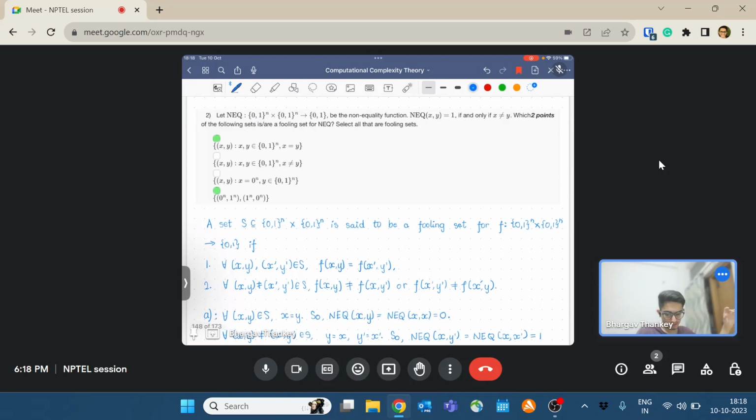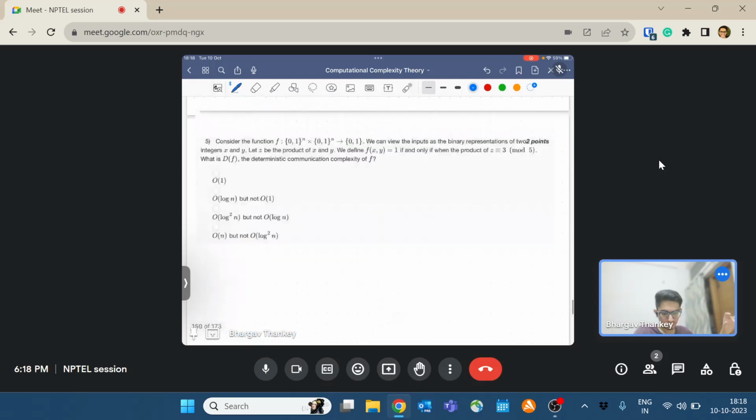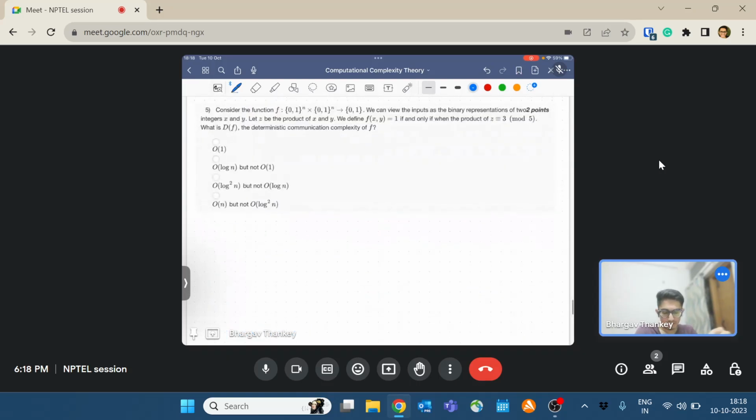Okay, so now let's look at the next problem. Consider the function f from {0,1}^n cross {0,1}^n to {0,1}. We can view the inputs as the binary representations of two integers x and y, and let z be the product of x and y.